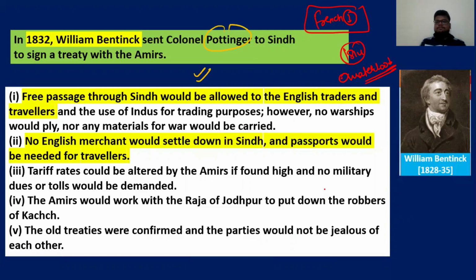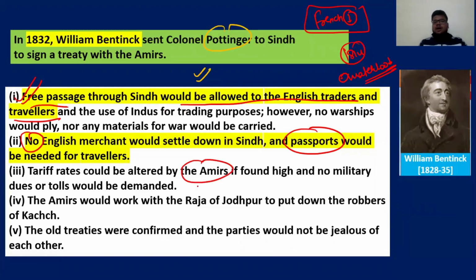So they say that free passage through Sindh would be allowed to English traders and travelers. But the British traders will not settle down in Sindh, and a passport will be needed. So it is a two-way treaty. Tariff rates can be altered by the Amirs if they want to make changes, and some other points are not very important. More importantly, you need to remember these first two points. This is the treaty signed with William Bentinck.